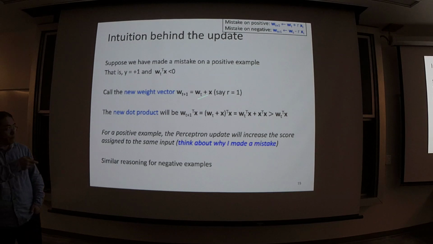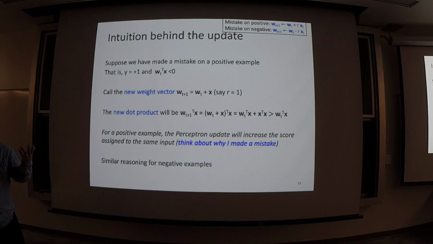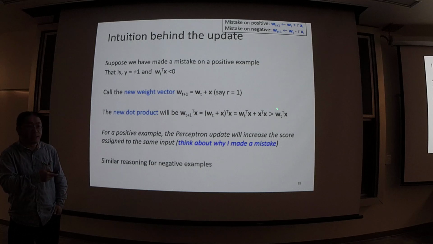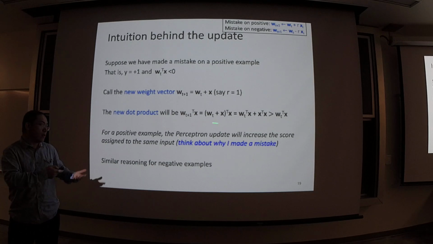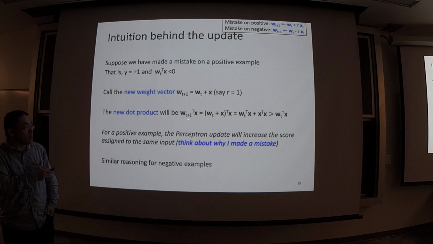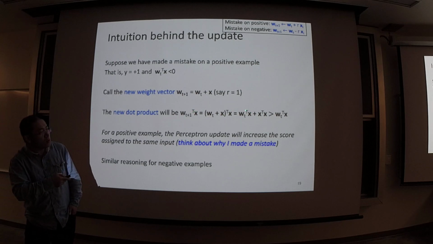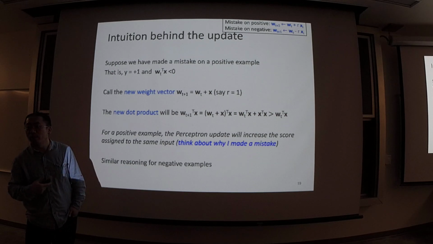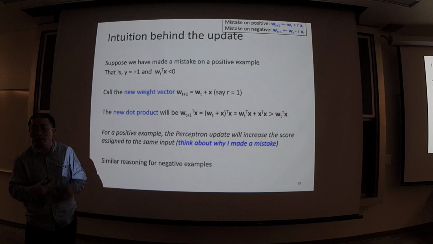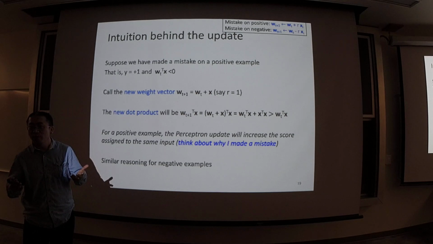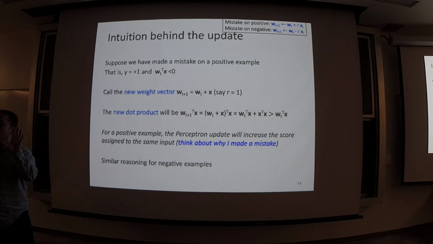Now I use my perceptron rule to update my weight vector. After the update, my classification function is increased, because the classification function value is x transpose x more than the previous classification function value. So we actually improve toward the right direction.